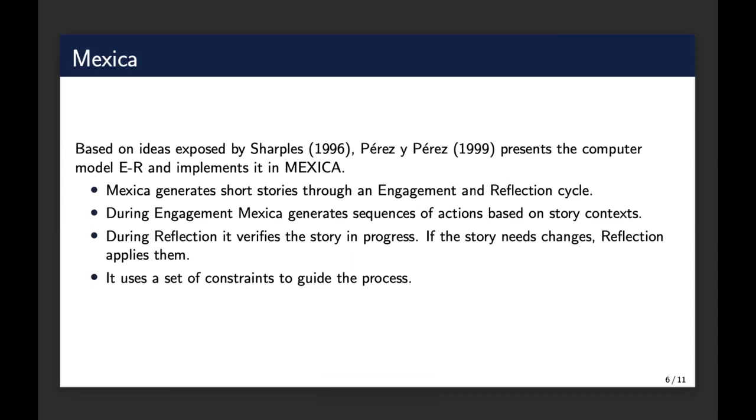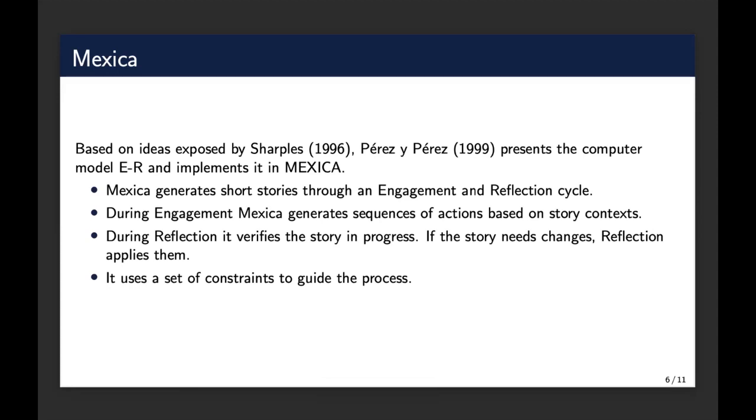I wanted to explain this because of the results I have here. We are assessing the creativity of Mexica using these criteria. Mexica is a system that generates stories. It has been built using these ideas of Sharples, of a human writer who has two different stages, engagement and reflection.